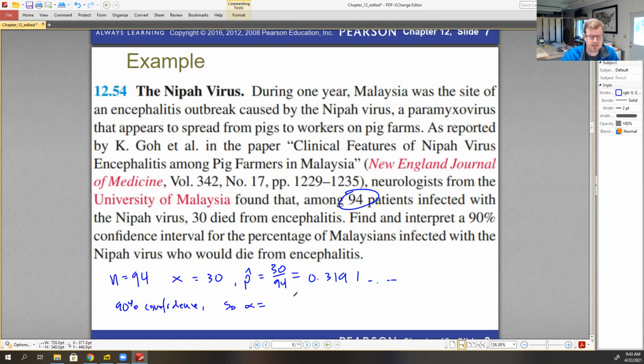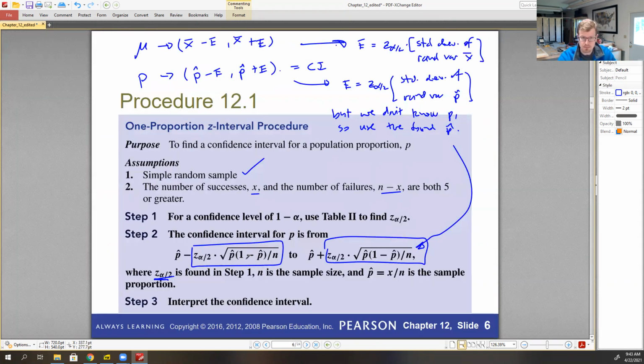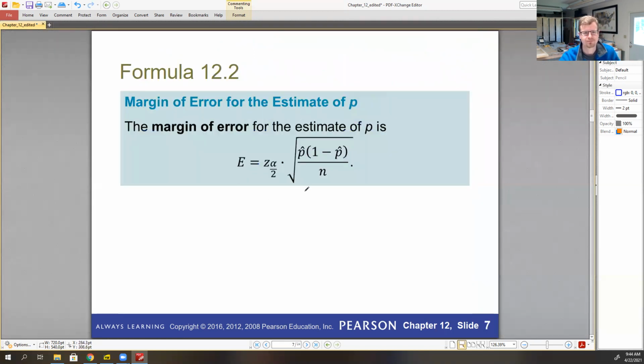So 90% is 1 minus alpha, so alpha is 10% or 0.1. And of course, then alpha over 2 would be 0.05. So we have all of these numbers that we need to be able to plug in and continue on with our one proportion z interval procedure.